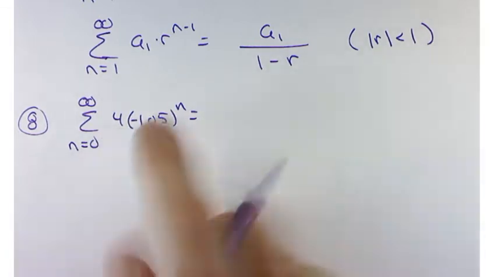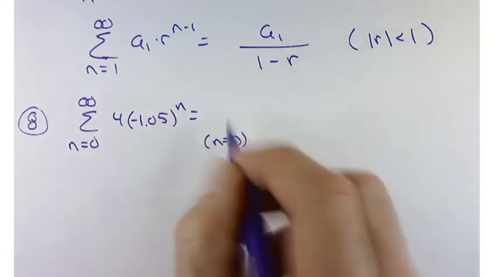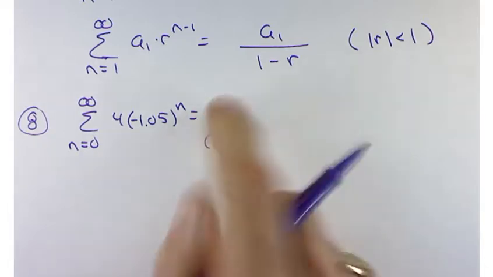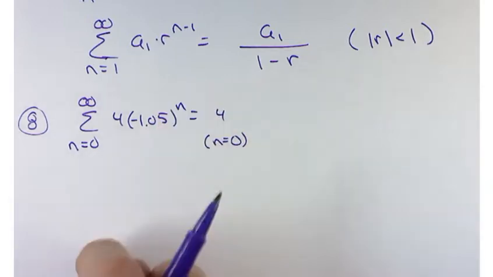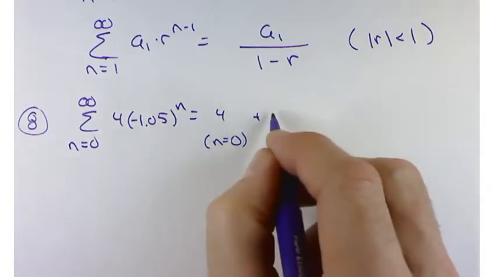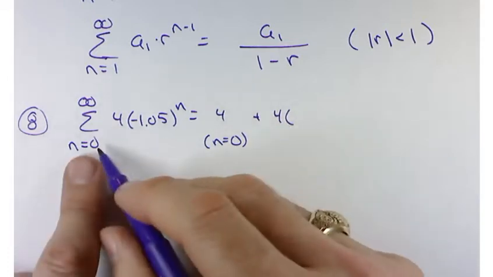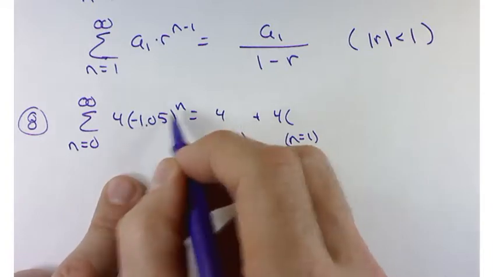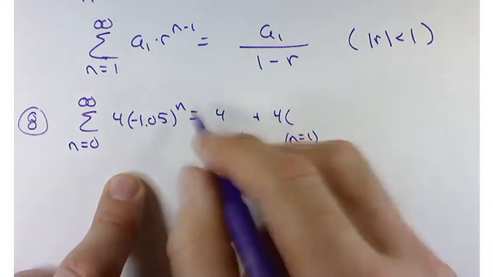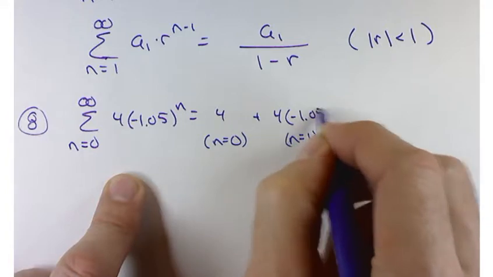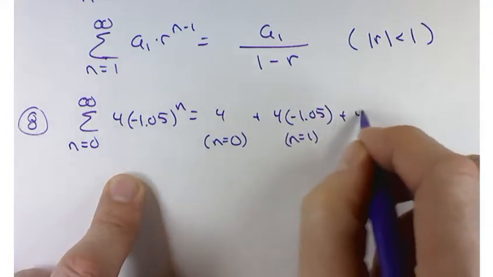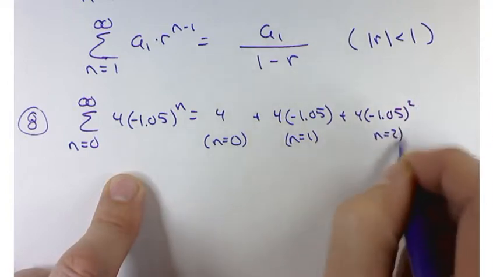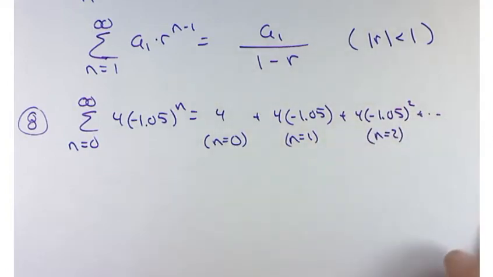If n equals 0, what's the first term of this series going to be? 4, right? Because anything to the 0 power is 1. Plus 4. Now at n equal 1, I'll have negative 1.05 to the first power. And at n equal 2, negative 1.05 to the second power. And so on.